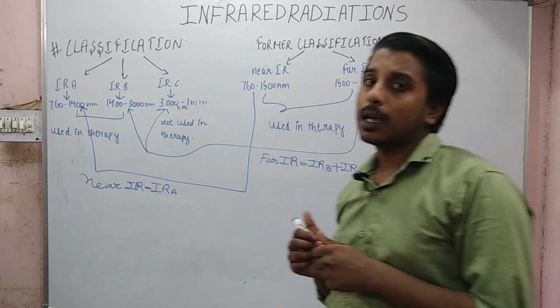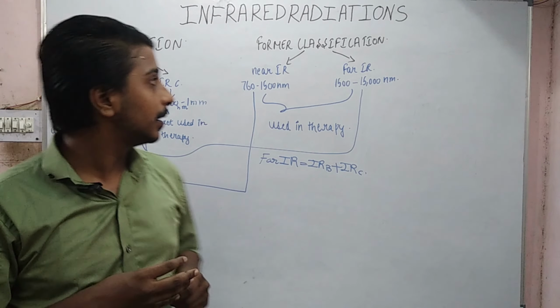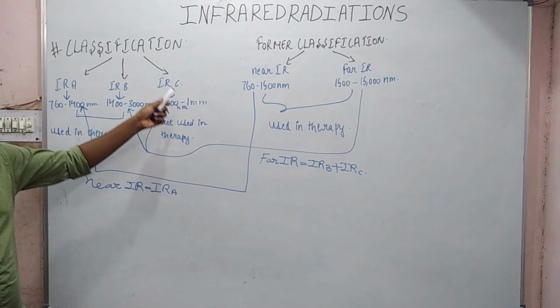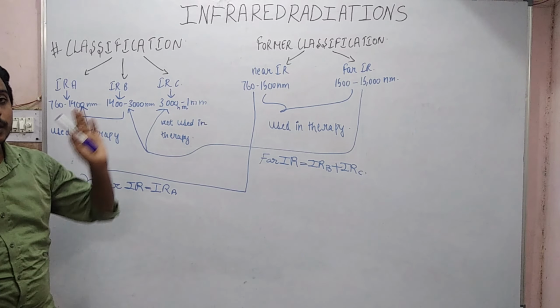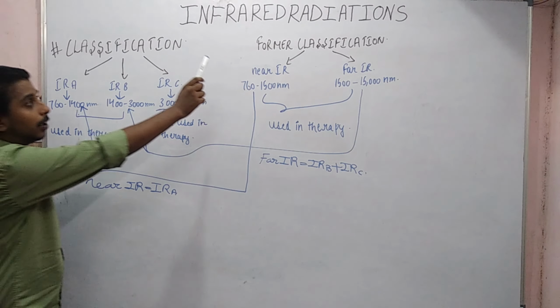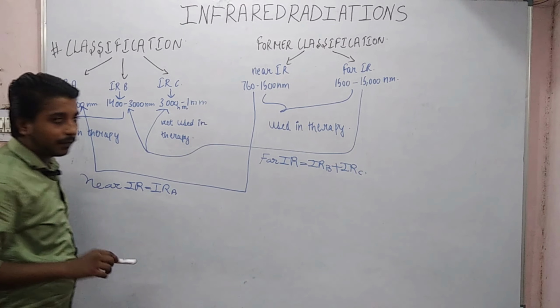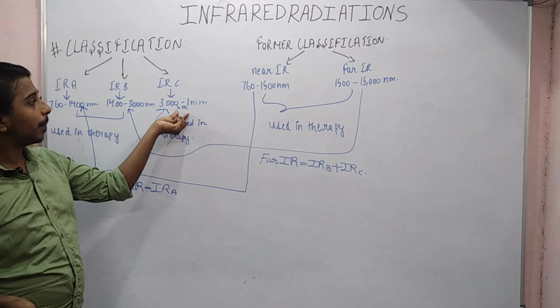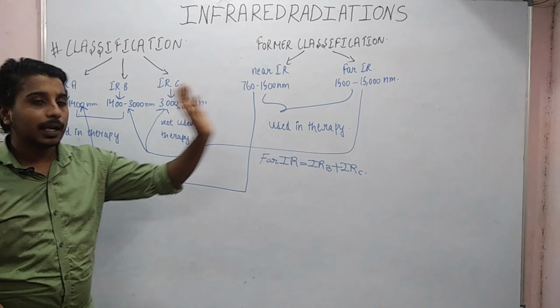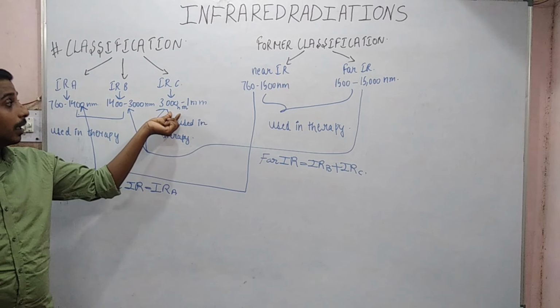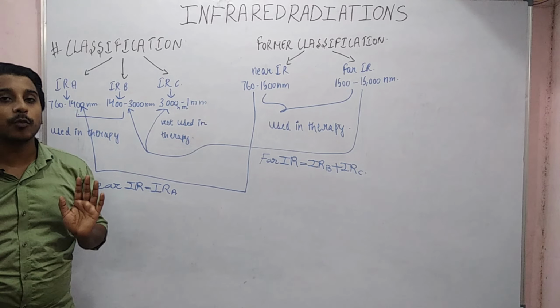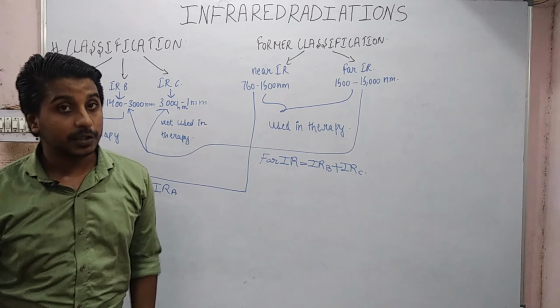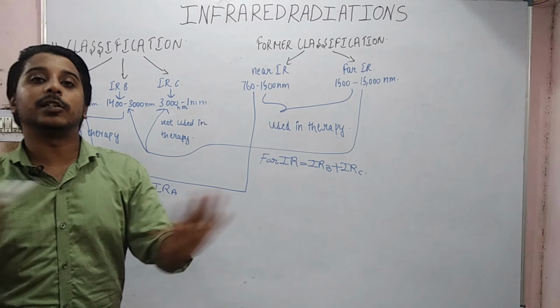This explains the fact that though IRC is not used in therapy, due to this formal classification we can conclude that the initial part, up to 15,000 nanometer, can show some beneficial effects, but now it is not used.